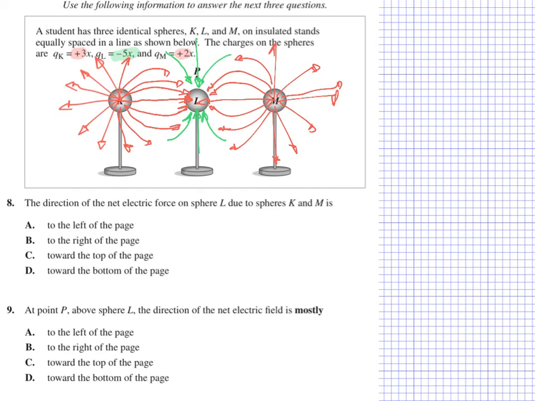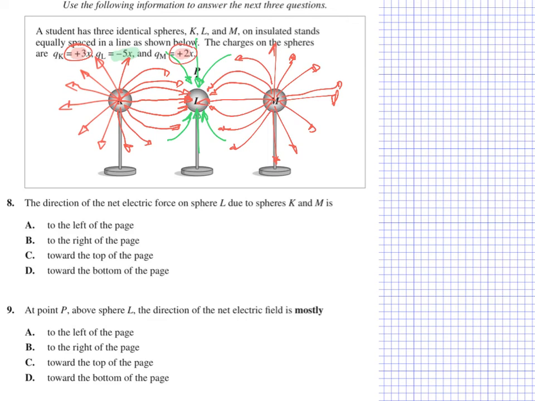Now, I mentioned flux, we don't need to worry about that, but just to mention it because it's kind of interesting, K and M have different values. K has a greater concentration of electric charge, so it would have what we would call a higher flux or greater flux of field lines.